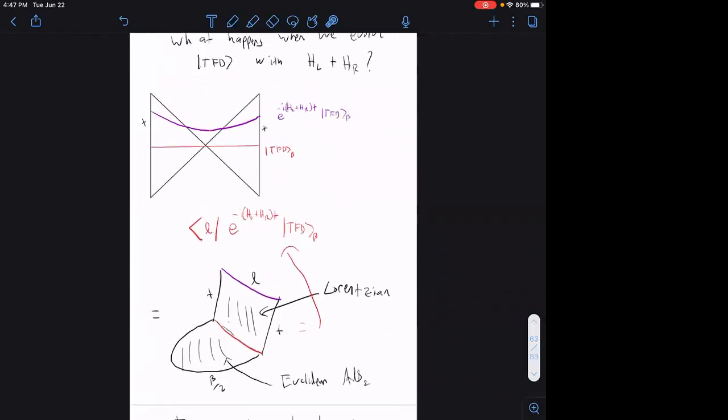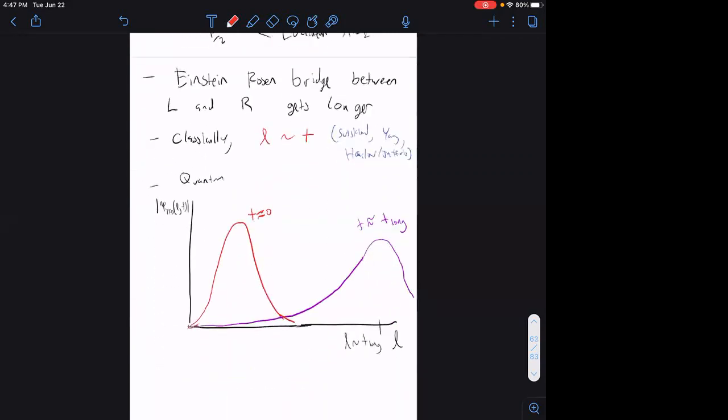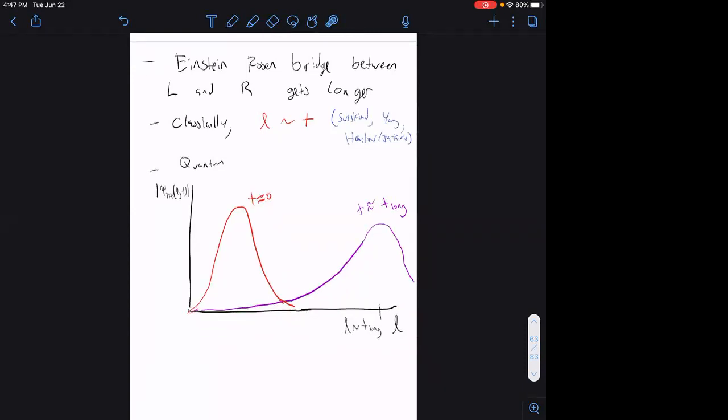So here the length in between the two horizons is 0, but if you define the normalized length, you might have some leftover length corresponding to what's out here. As you evolve in time, the wave function is peaked around a larger and larger value of the length, and the value it's peaked around is proportional to the time you've evolved by. So the wave function on the purple slice, as a function of L, has small amplitude to have a short length, and large amplitude to have a long length.